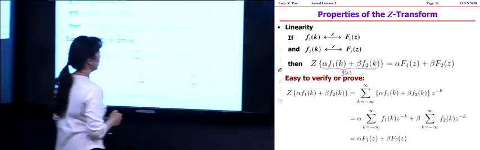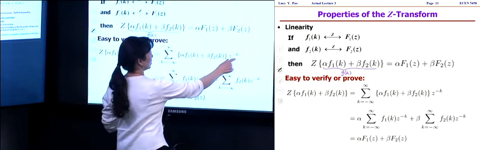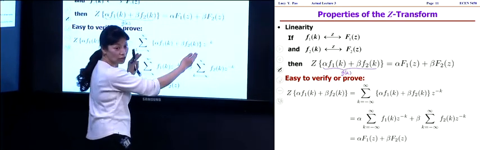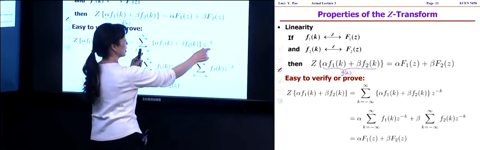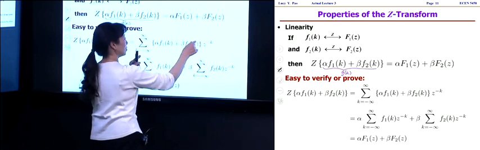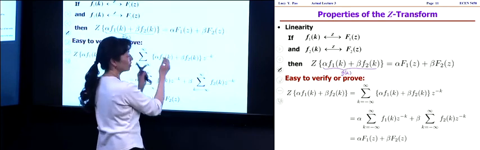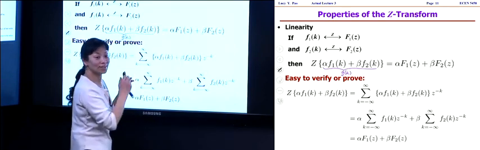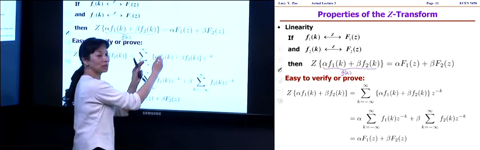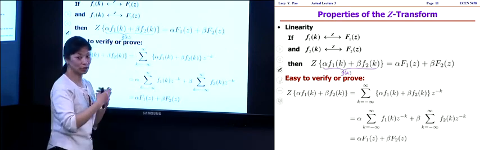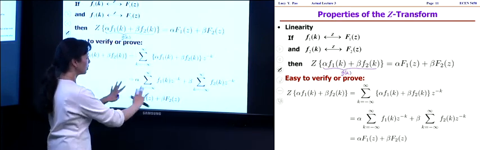Multiplication is distributive over addition, so you can distribute the z to the minus k, and the infinite sum of one term plus another term is equal to the infinite sum of one term plus the infinite sum of the other term.